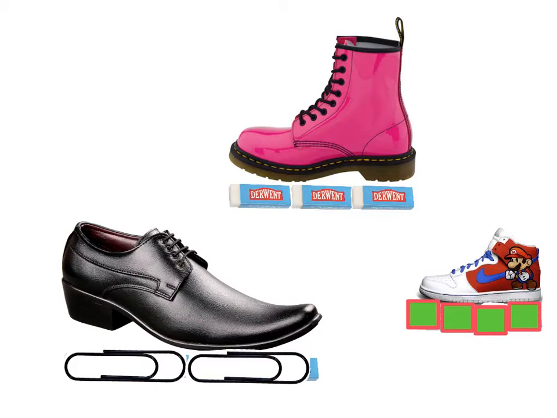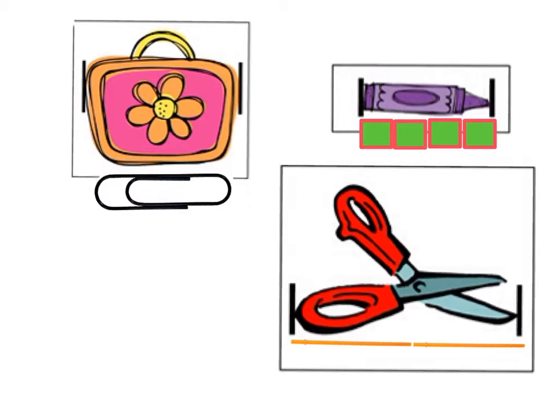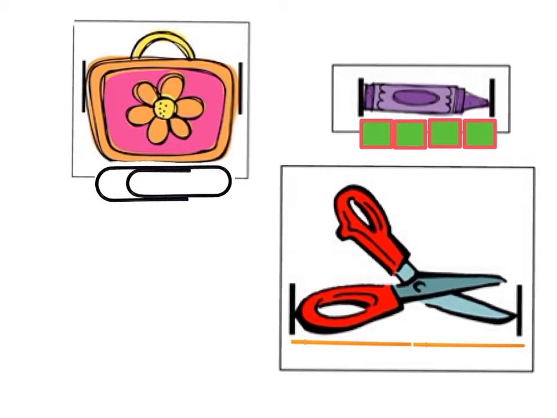When we are measuring items using informal units, we need to make sure the item that we use to measure and compare with is the same for each item. Here's another example. Here are some objects that have been measured using different informal units. For example, this lunchbox has been measured using a paperclip, and this crayon has been measured using squares, and this scissors has been measured using straws.